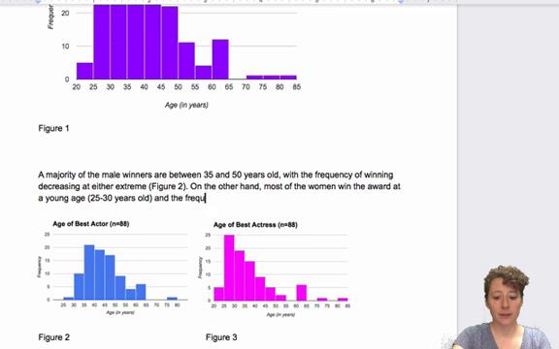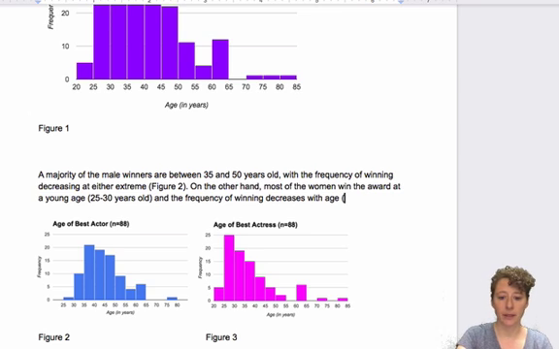And the frequency of winning decreases with age. You know, tell them where to look to find that information. See figure 3. We can also comment on these outliers, the ones that aren't fitting that pattern with the decreasing frequency.